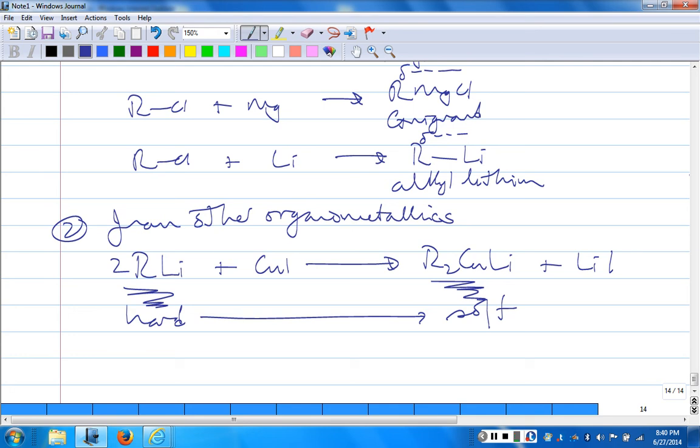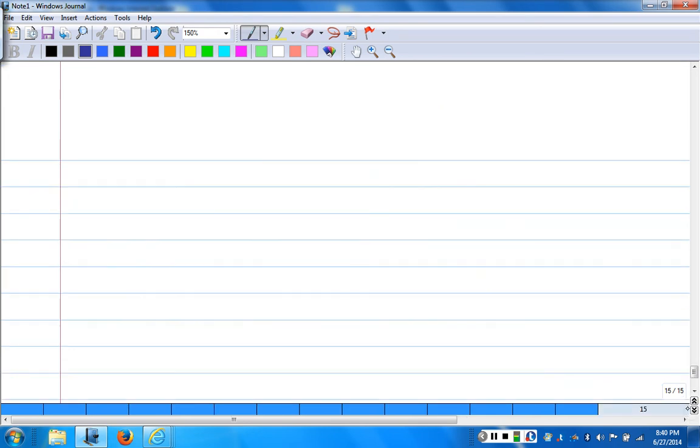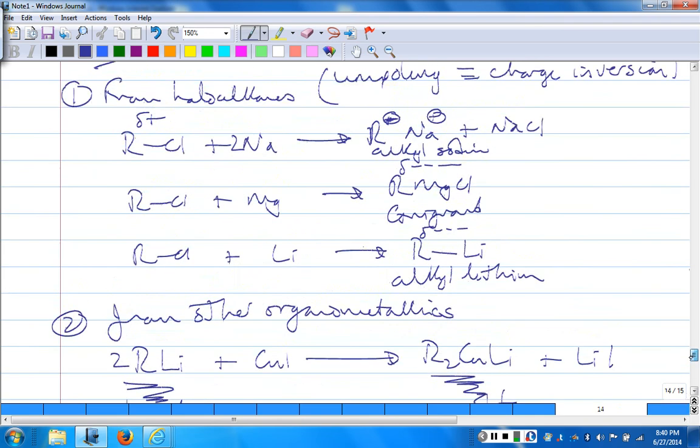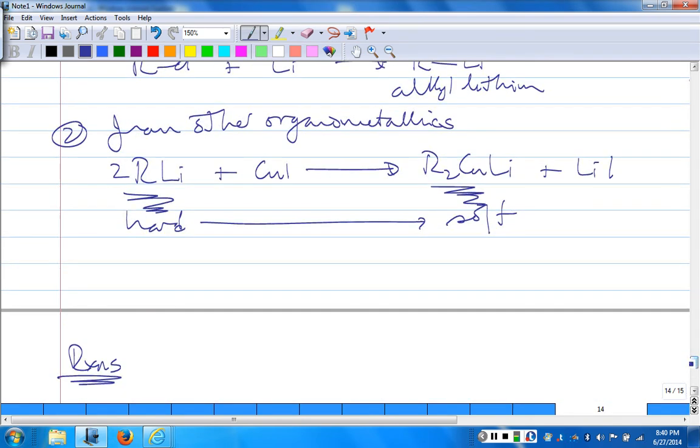All right. Let's talk about reactions of organometallic compounds. And organometallic compounds are very reactive. Well, actually, let me go one back. I could argue that there is another way of making organometallics. This would be unique to terminal alkynes.